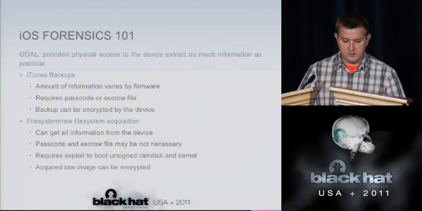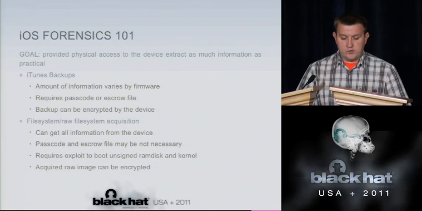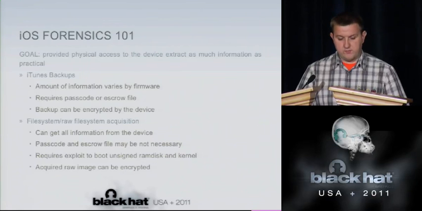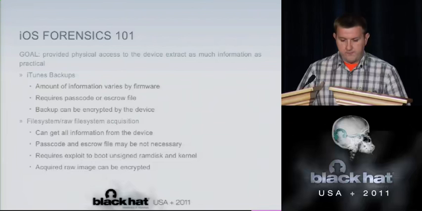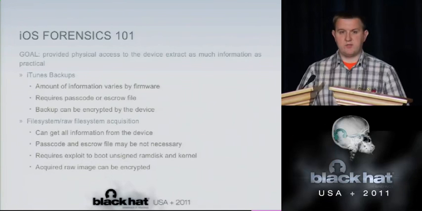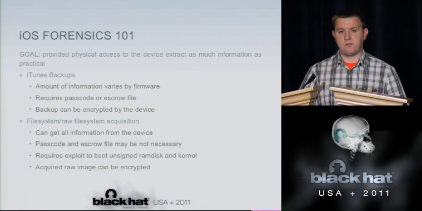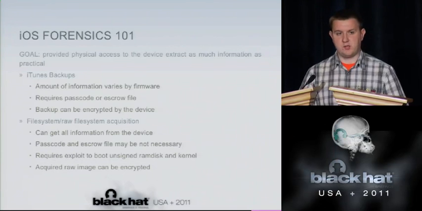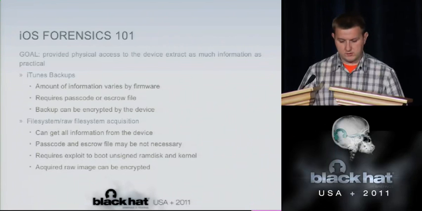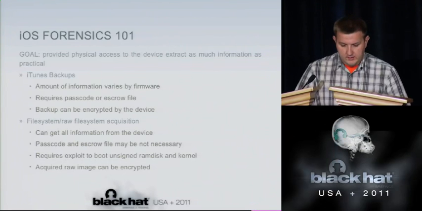The obvious benefit here is that this approach can get you all information which is stored on the device. Passcode is generally not a problem for the acquisition itself, although it may be a problem for the later analysis stage. Again, I will talk about this a little later.